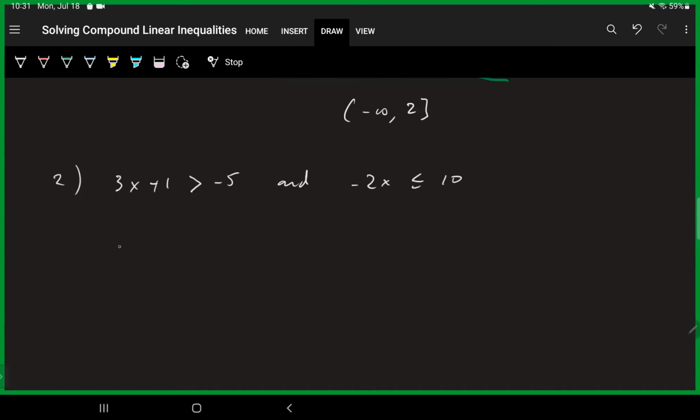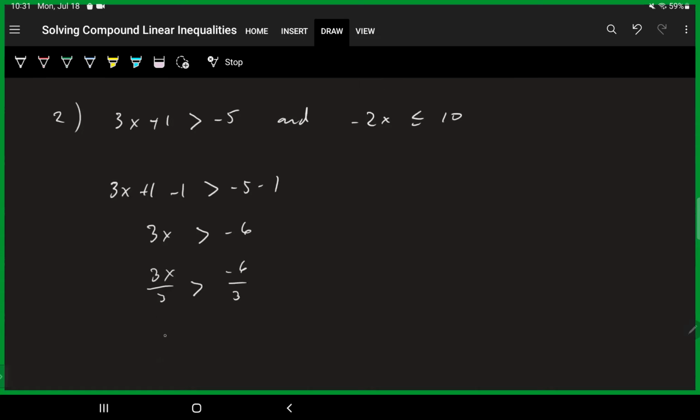So 3x plus 1 minus 1 is bigger than -5 minus 1. 3x is bigger than -6. Dividing everything by 3, I'm going to get x is bigger than -2, which is pretty much the same thing we got on that last one for the first inequality.